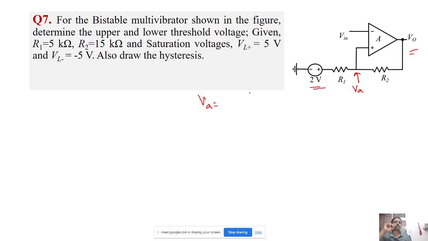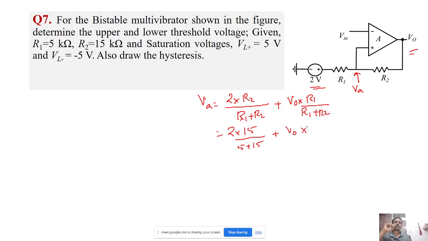Due to 2 volt, VA equal to 2 into R2 by R1 plus R2, by superposition, plus due to V0, V0 into R1 by R1 plus R2. So this is the VA voltage. What are the R1 and R2 values given here? 2 into R2 is 15 by R1 plus R2 is 5 plus 15, plus V0 into R1 is 5 by 5 plus 15.